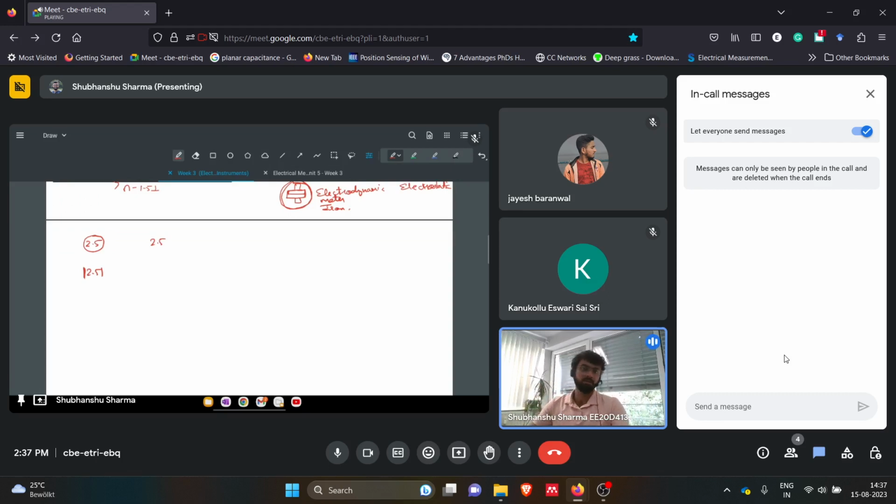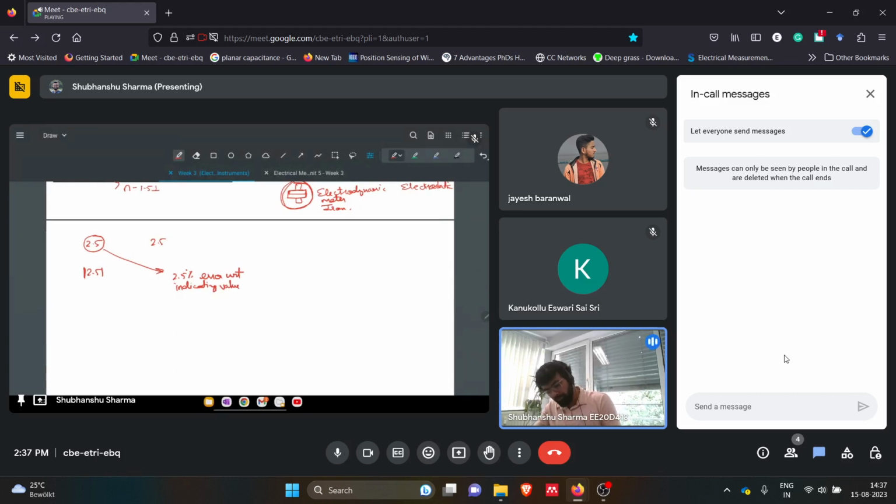So accuracy normally means the percentage error it can have. So if we have a circular ring across this number, that means this is a 2.5 percentage error with respect to the indicating value. So whatever the meter is reading, there will be a 2.5% error on that reading.